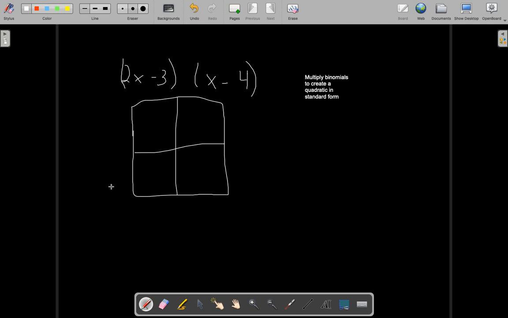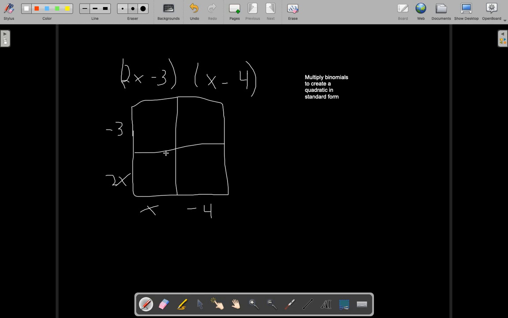So I'm going to take 2x, put that here. Okay, I'm going to put negative 3 here. And then on the bottom on this side, I'm going to put x minus 4. Okay, so we're going to use these values to find the area of each of the four boxes, and then we're going to combine like terms.